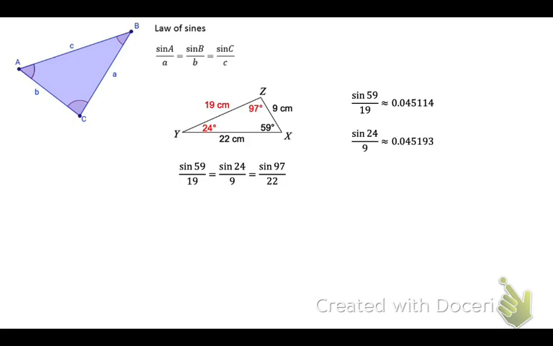Sine of 24 over 9, we get 0.045193. The reason they're a teensy bit off is because these side values are rounded. And then sine of 97 over 22, I'm convinced, 0.045116.